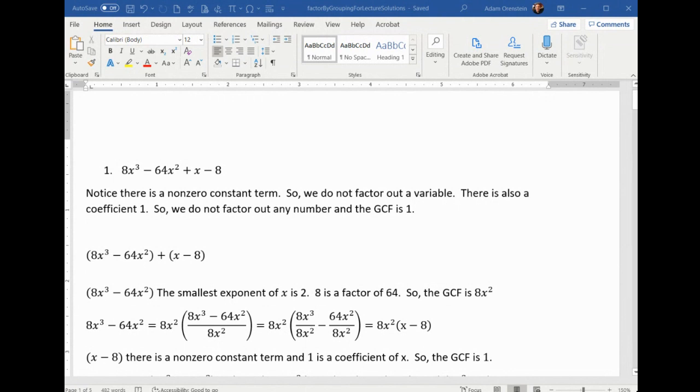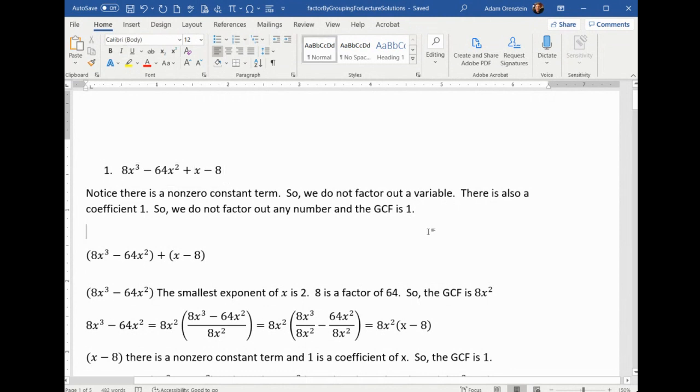Since there's a coefficient of 1, you're not able to factor any numbers out, right? Because remember, you would factor out the greatest common factor among the coefficients and the constant term. But as we see here, because of the 1, the only common factor among the coefficients and the constant term is a 1.